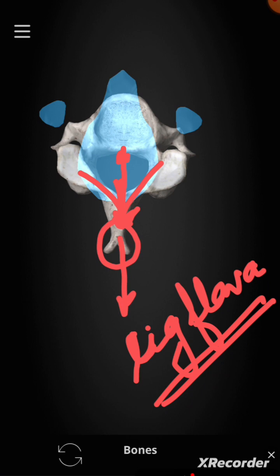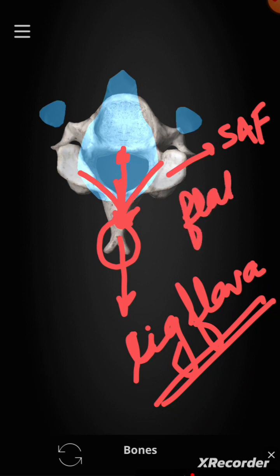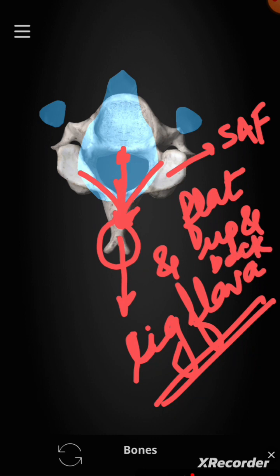The superior articular facets are flat and face backward and upward, and the inferior are directly reciprocal, facing forward and downward. Now these are the superior articular facets. These articular facets are flat and face upward and backward. Don't get confused.